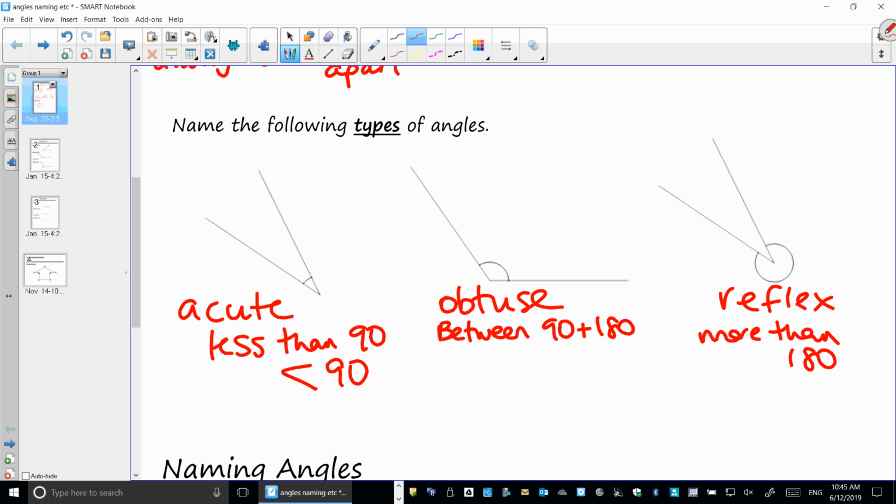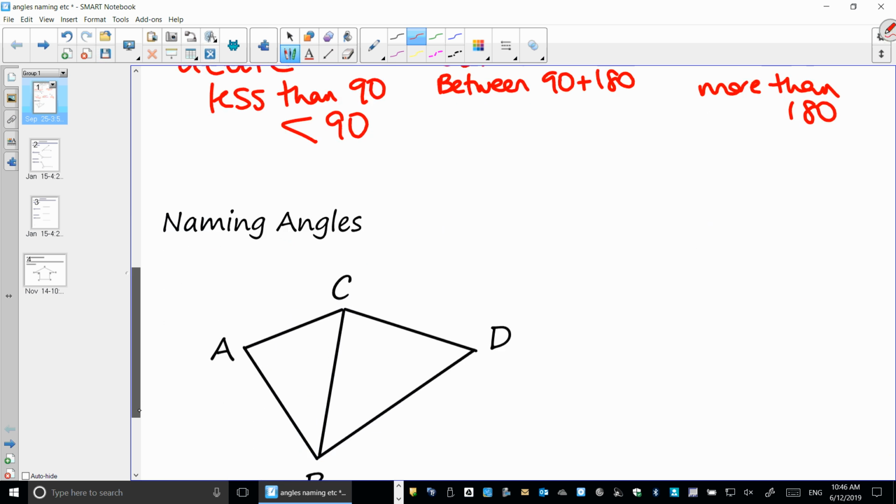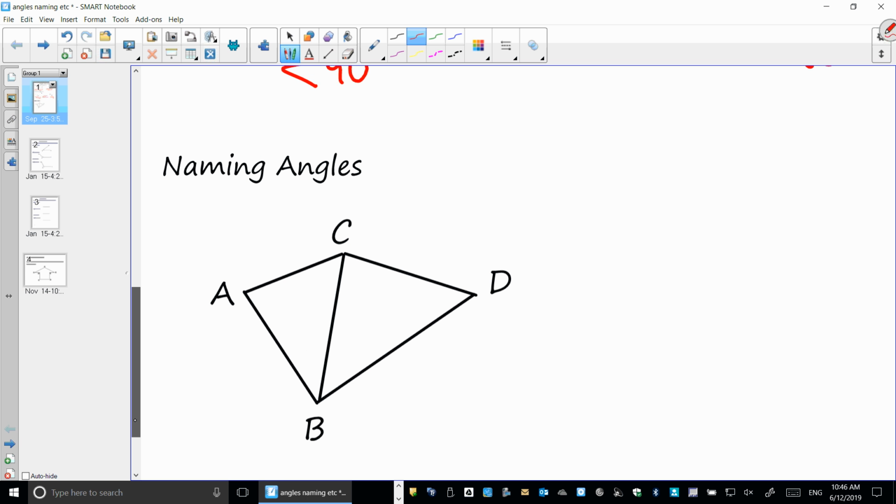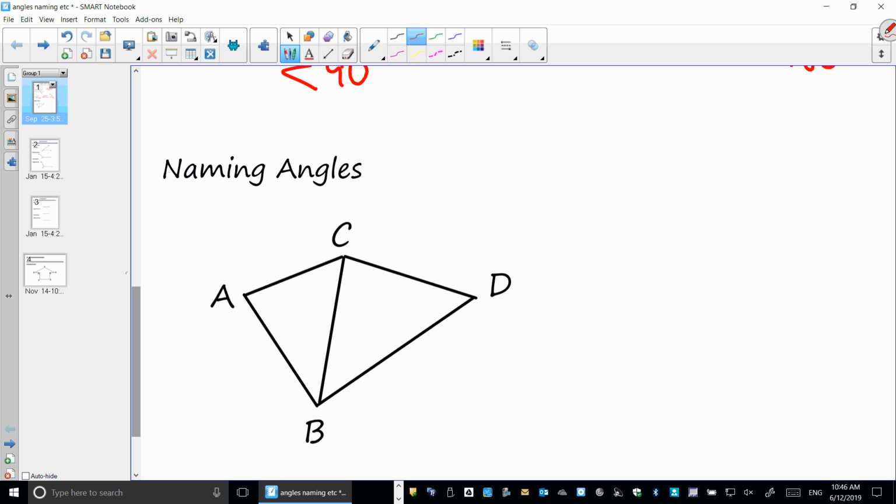Now, sometimes people get confused if it says name this angle. People think we're meaning acute, obtuse, reflex, but that's not it. That's describing the type of angle that it is. So is it an acute, obtuse, or reflex angle? You would just say, identify what type of angle it is.